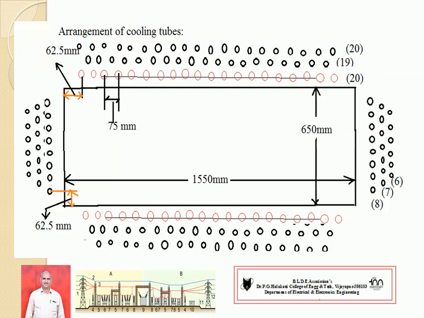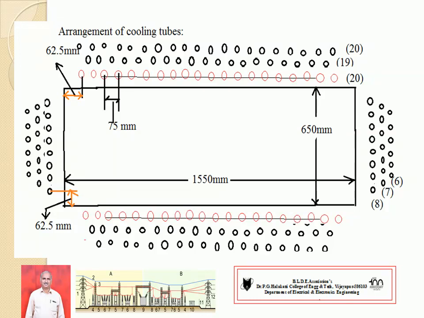In similar fashion, you go for second row. In second row, one tube you reduce. It is 19 tubes in the second row and 7 tubes in the second column, or it may be lengthwise. You go on calculation. Then if it is not completed in second row and second column, go for third.